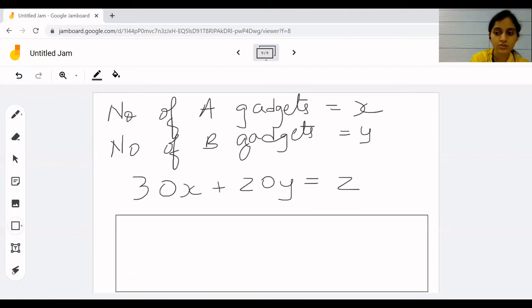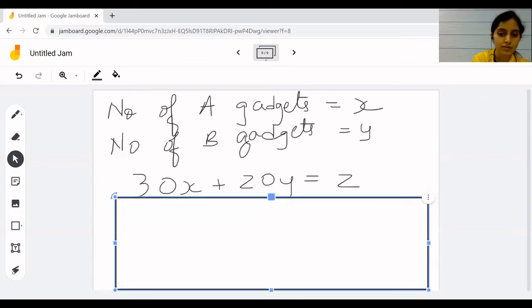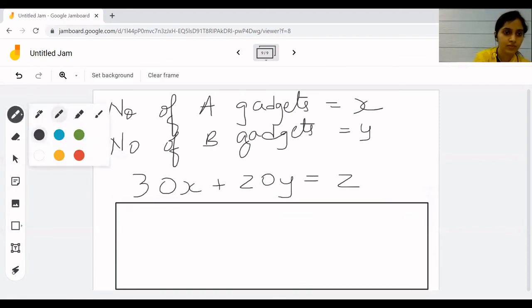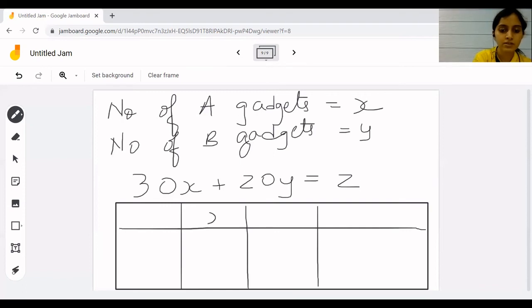Okay, now in the solution table, what would we have? So let's say we'll have the foundry and the machine shop. Okay, so we'll have gadget A, we'll have gadget B, and we'll have the total time. So we have X, Y, and time.